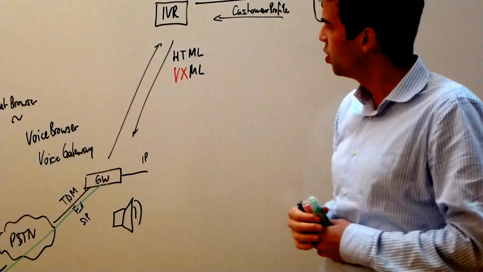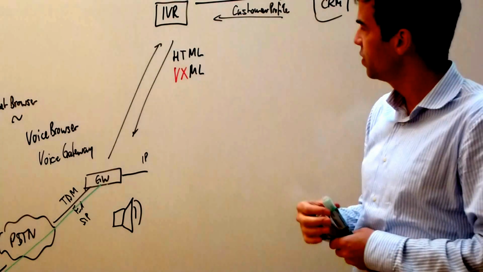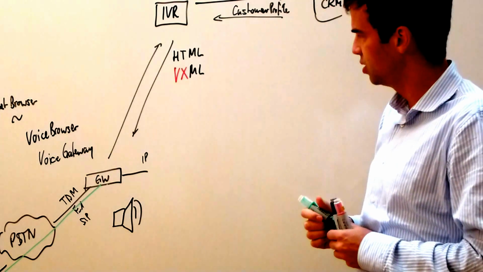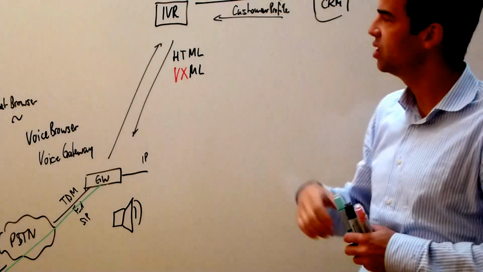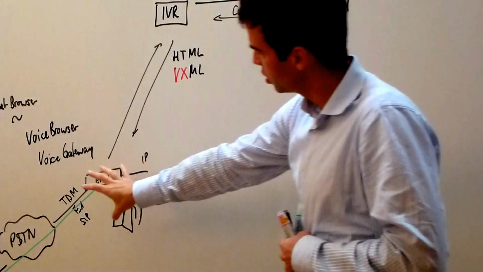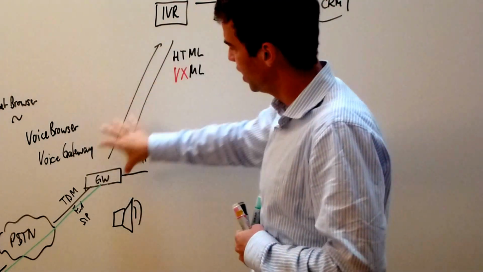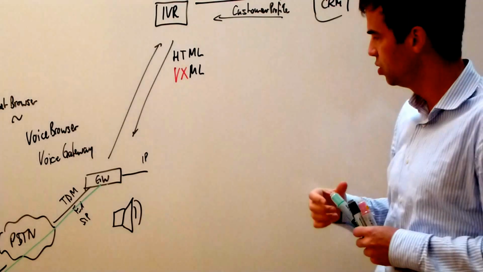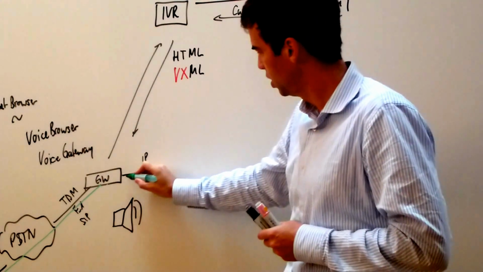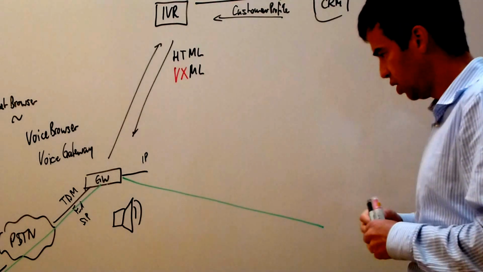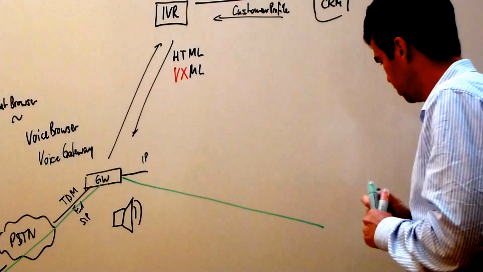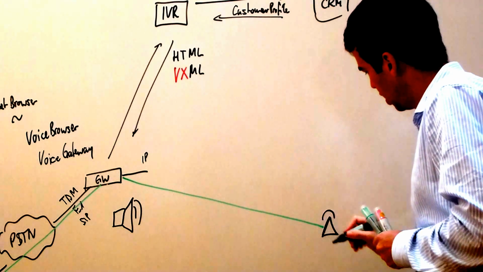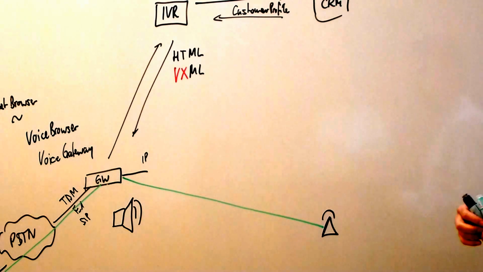Now, if at some point you require an agent, you can forward the phone call to an agent using skill-based routing. Based on all the information gathered during the IVR session, I want to transfer the call to a phone agent. So the voice call is now being transferred to an agent, and the phone will start to ring.